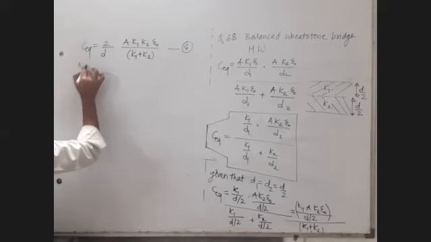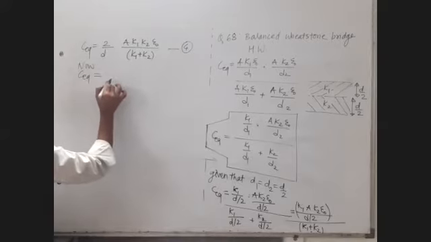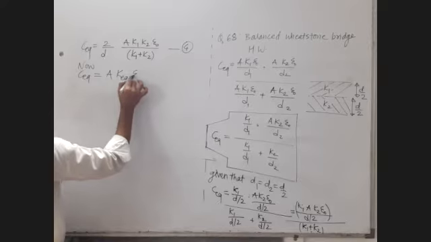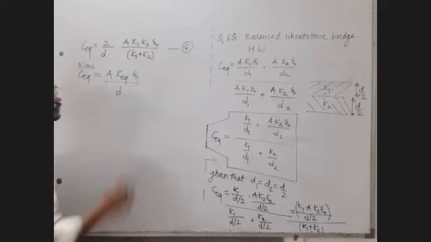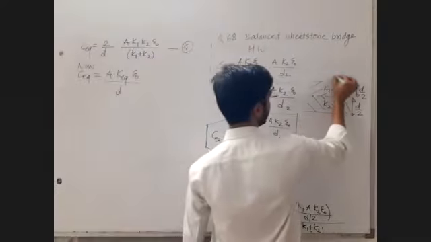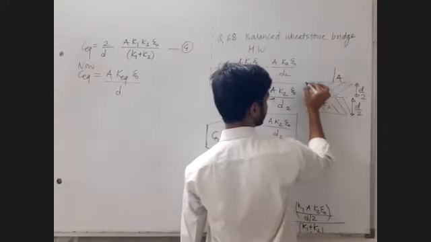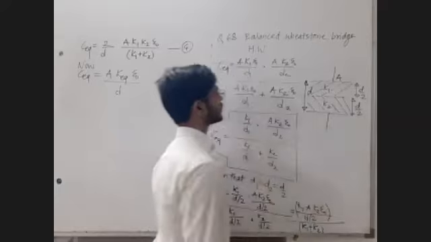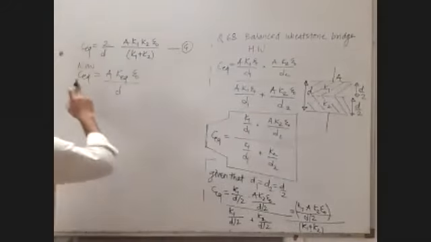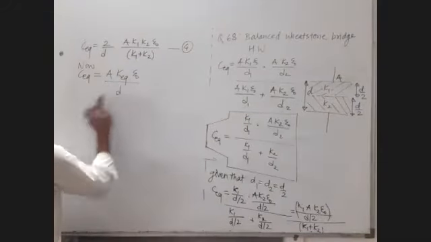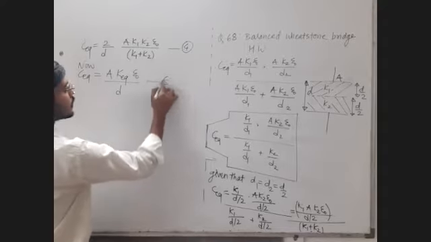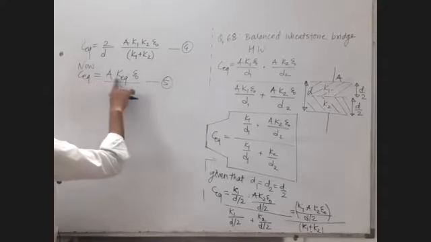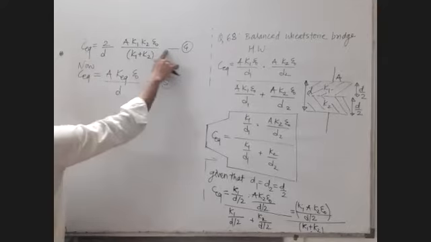Now C equivalent can also be written as A K equivalent epsilon 0 upon D, where this is your plate area A and this is your total separation D. So now you can compare C equivalent by formula and C equivalent by calculation.